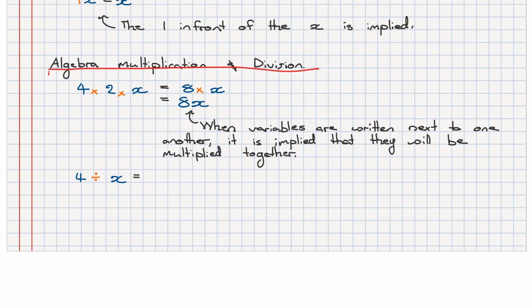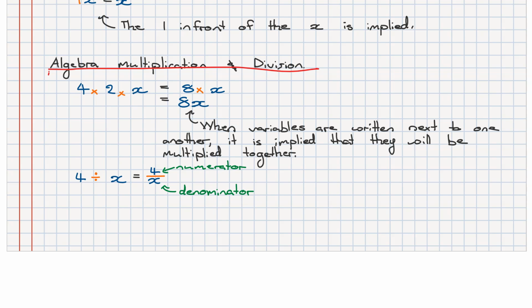Using our algebraic laws, we can rewrite this as simply 4 over x. So we rewrite it as a fraction. The top of the fraction, remember, is called the numerator. And this implies that 4 is being divided by x.